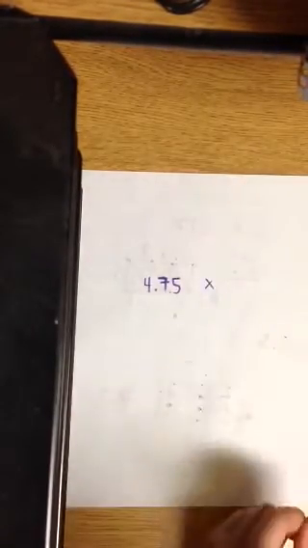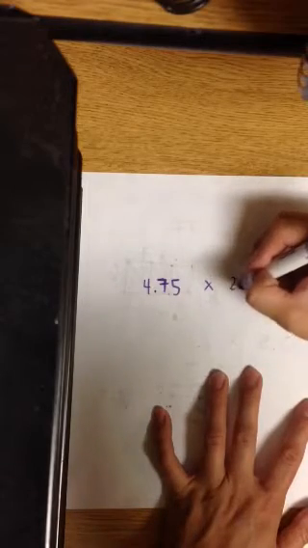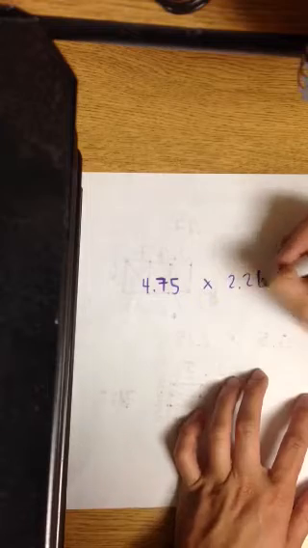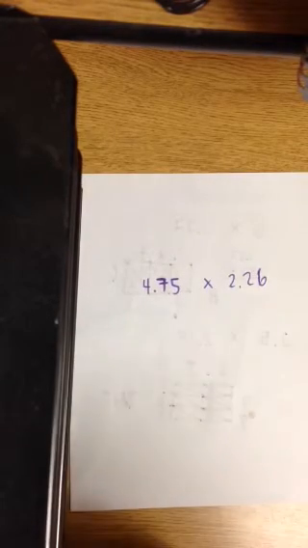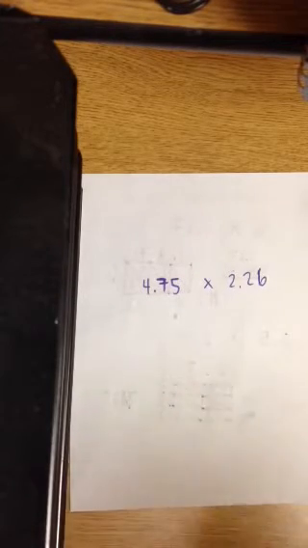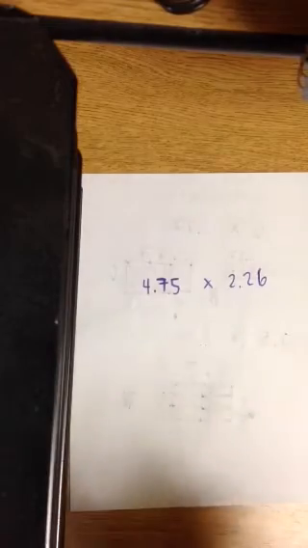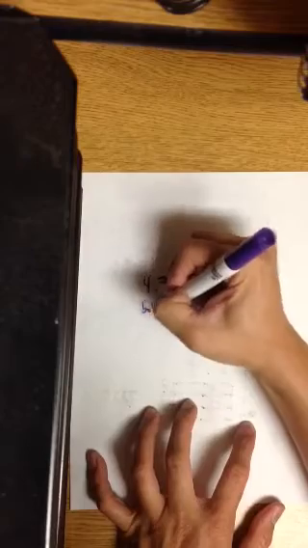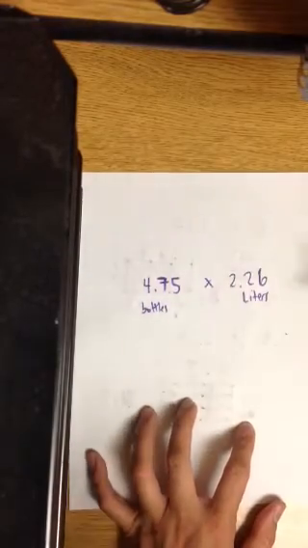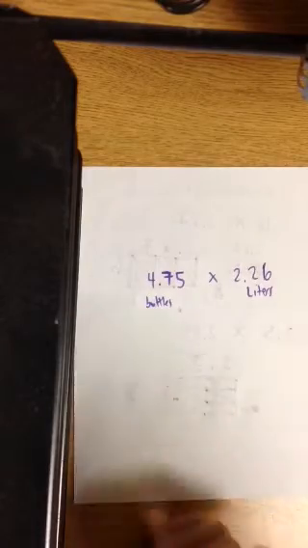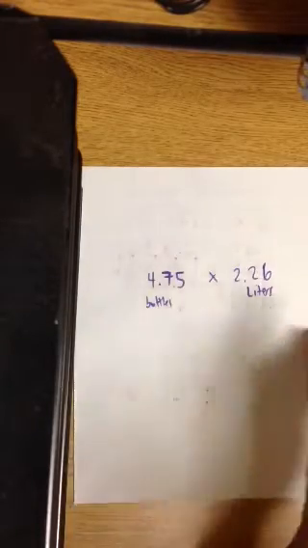And each bottle contains 2.26 liters of liquid. How much liquid did you drink in all of that day? So again, you have 4.75 bottles, and each bottle contains this much liquid. That's a lot of liters of liquid you drank.